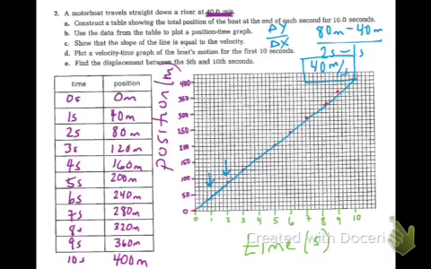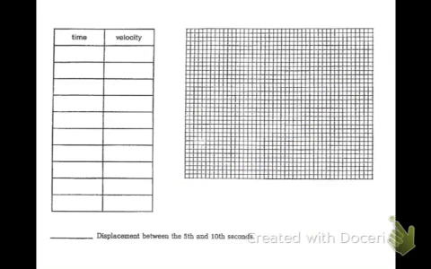Yay! Now, what we want to do on our next graph is actually plot the velocity versus time graph of the boat's motion for the first 10 seconds, and then we're going to find the displacement between the 5th and 10th second. So, let's go to our next slide. And let's find our time and velocity.